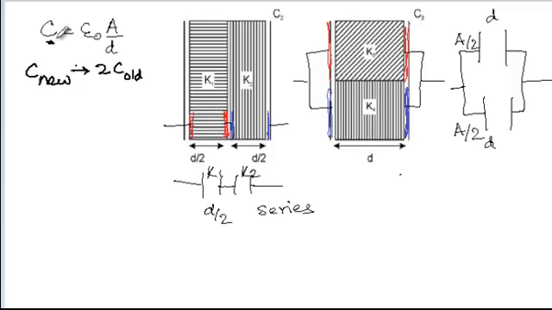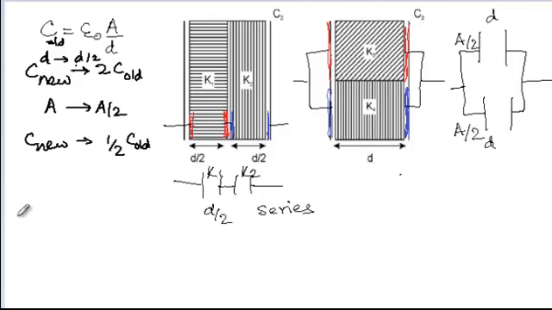Say I call this C old, then C old is epsilon naught A over D. Now if you change D to D by 2, C new will be twice C old. Whereas if you change A to A by 2, the new capacitance will be half the old capacitance.